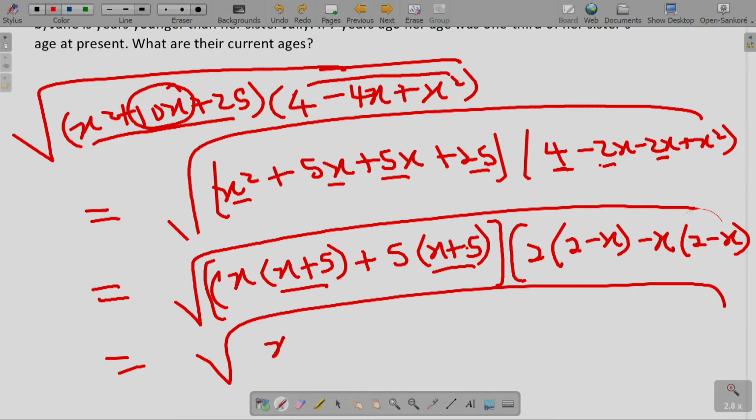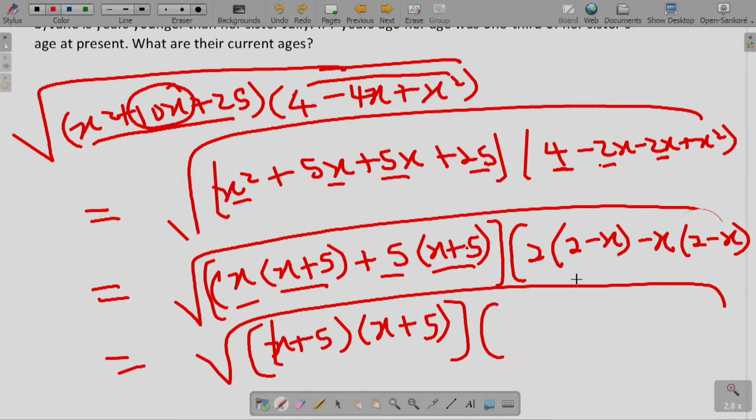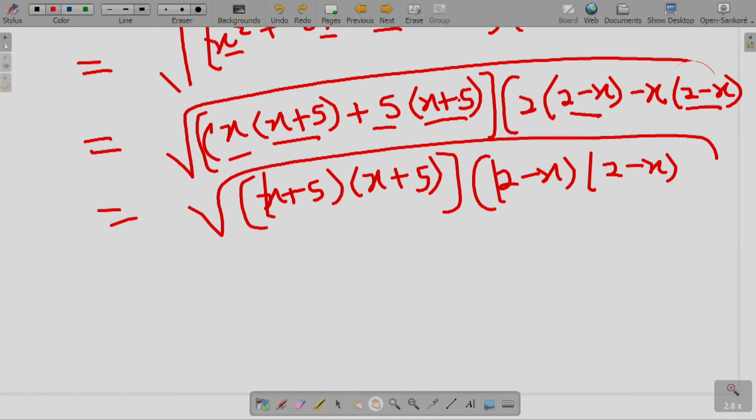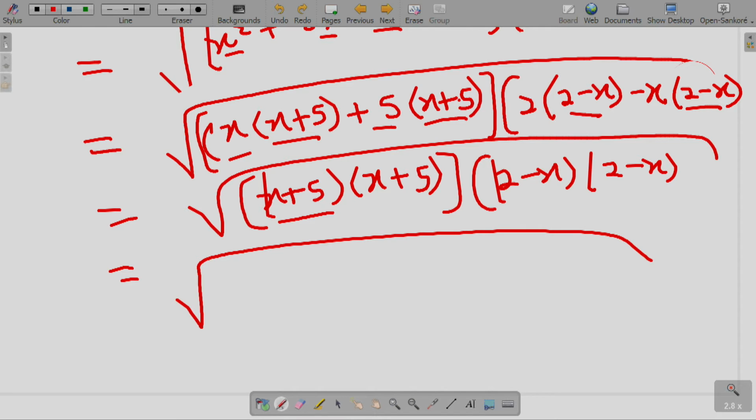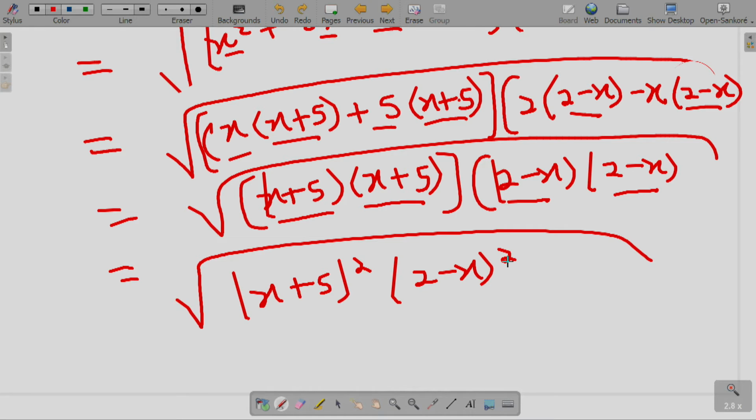And this is equal to the square root of x plus 5 is a common, and the remain x plus 5, and here also 2 minus x is a common, and the remain is 2 minus x. So this is equal to square root of x plus 5 times x plus 5, we get x plus 5 squared, and here 2 minus x times 2 minus x is equal to 2 minus x squared.